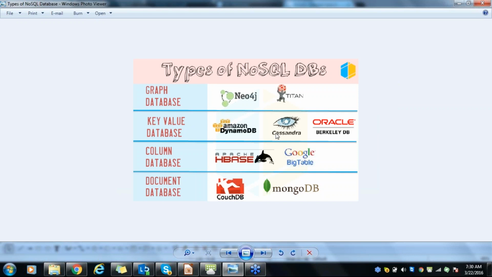My primary focus will be on key value databases because it's very easy for us to relate them to our RDBMS systems. In the coming classes, we will take the next step forward and write NoSQL queries on either HBase or BigTable. Cassandra is an open source system and it's freely available.